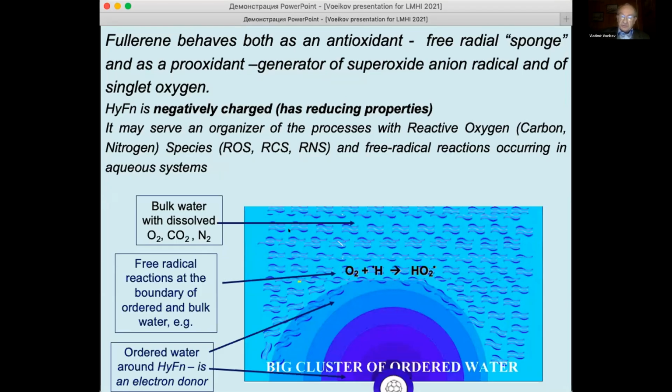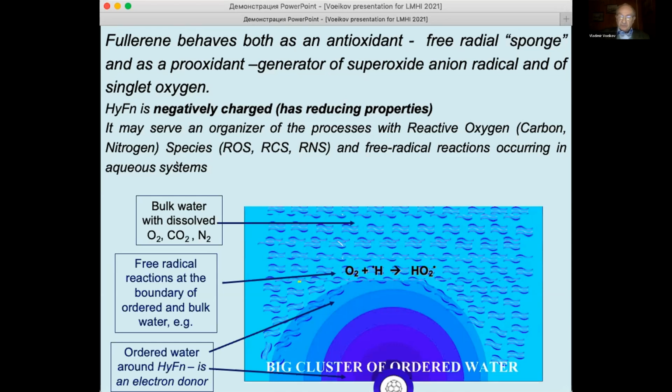So on the boundary between bulk water and this water shell covering the fullerene, free radical reactions may occur. In this sense, hydrated fullerene may serve as an organizer of processes with reactive oxygen, reactive carbon and reactive nitrogen species, and it may modulate free radical reactions which continuously occur in aqueous systems.